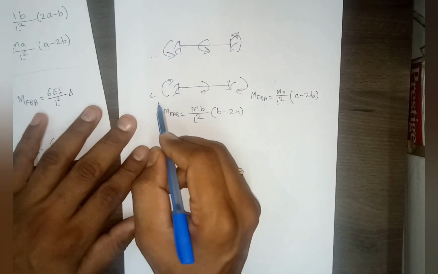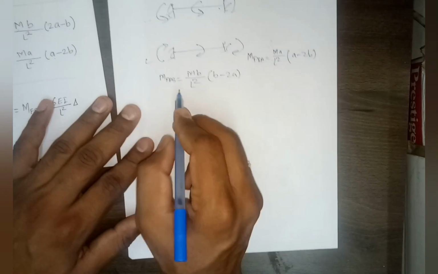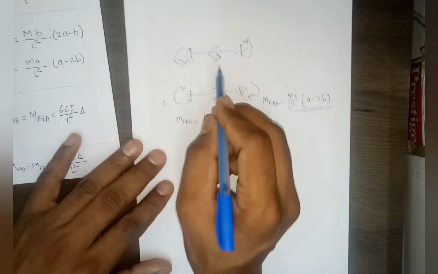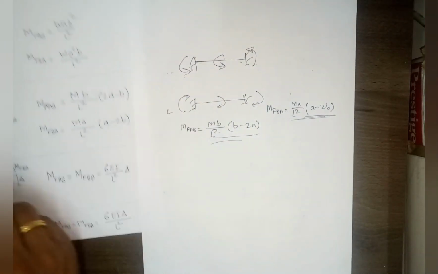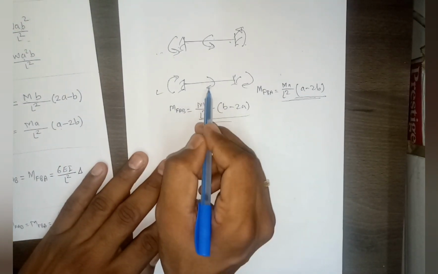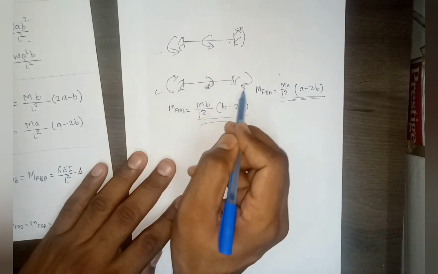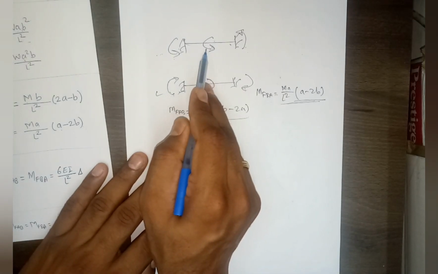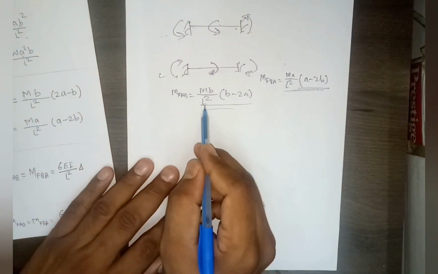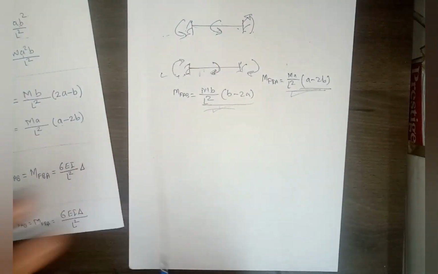Even if your problem has this load, this value will remain the same, only the sign convention will change. So instead of remembering the earlier equation, better you remember this equation, because there is less confusion about sign convention. If the applied moment is in clockwise direction, then the fixed moment will also be clockwise. If the applied moment is anti-clockwise, then the fixed moment will also be anti-clockwise, and the equations will look like this. Even for both these problems, this value will remain the same.